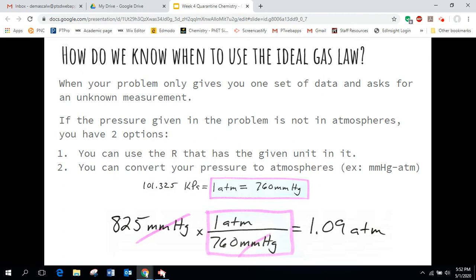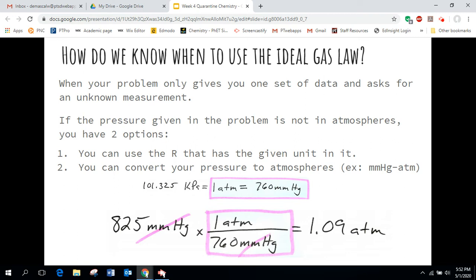If they give you a pressure, a temperature, and an amount, and they ask you for the volume, well, they only gave you one set of data. You can't use the combined gas law. What are the other pressure units you're going to use? What are the other volumes or temperatures? Anytime they give you one set of data, use the ideal gas law.